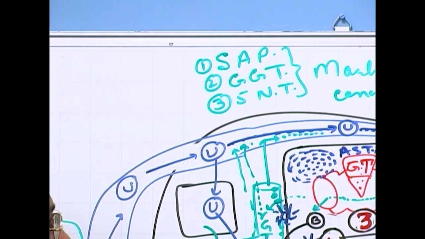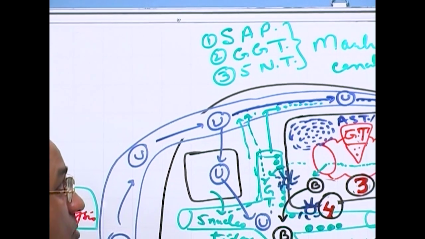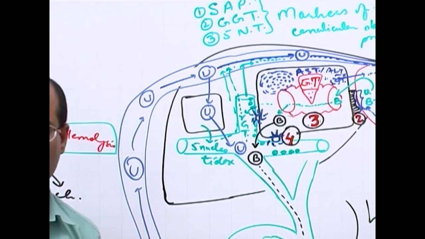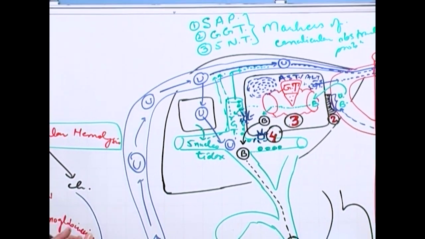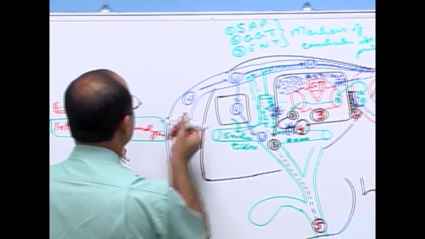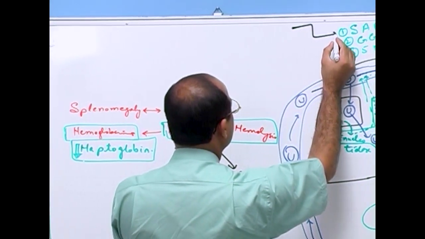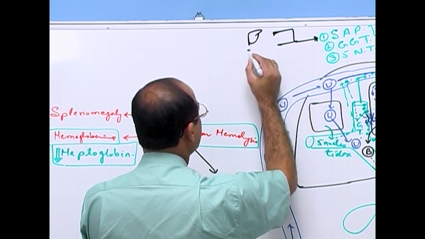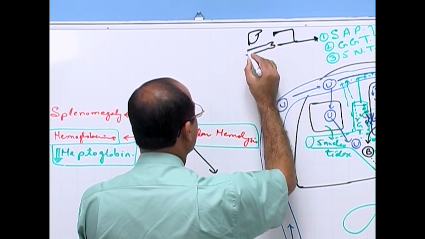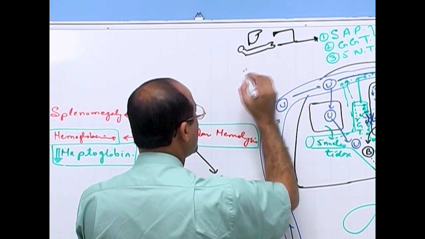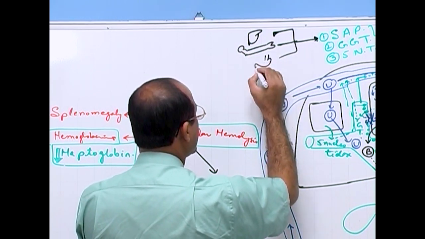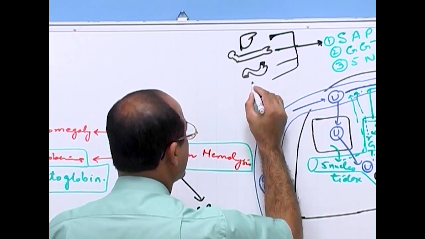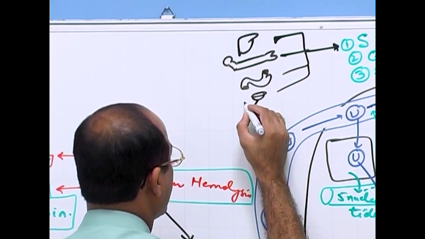Having said all of this, I would like to introduce one more concept: alkaline phosphatase enzyme is released by other tissues as well. The sources of alkaline phosphatase may be liver, or bone, or GIT, or placenta.